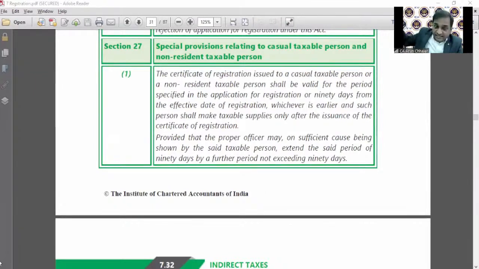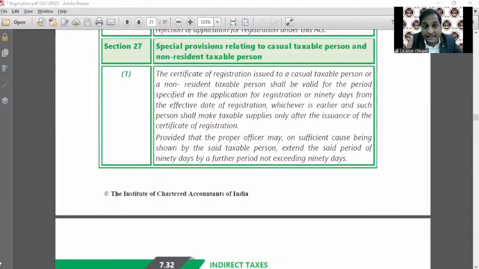Arun is registered in Maharashtra, but he would like to participate in, say, the trade fair of Delhi for 5 days, from where he would like to make taxable supplies.